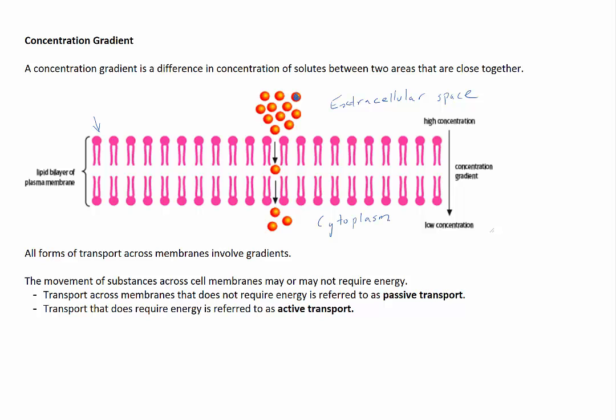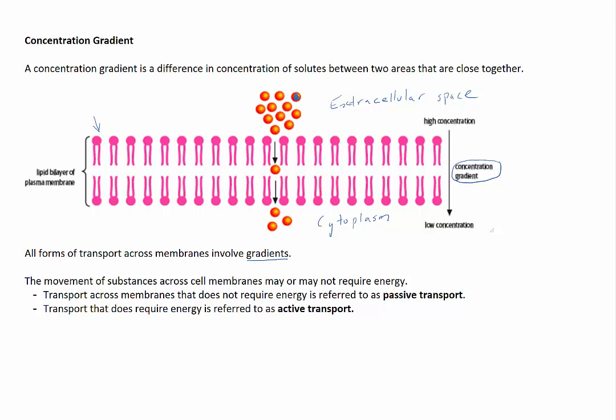So you have a higher concentration of these solutes on the outside of the cell than you do inside the cytoplasm, and this establishes something called a concentration gradient. All forms of transport across membranes involve gradients.